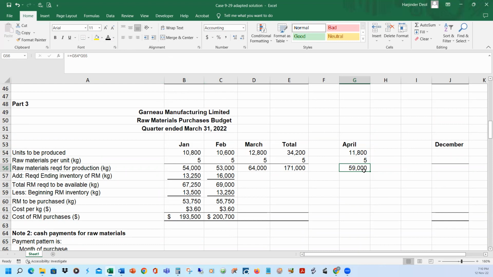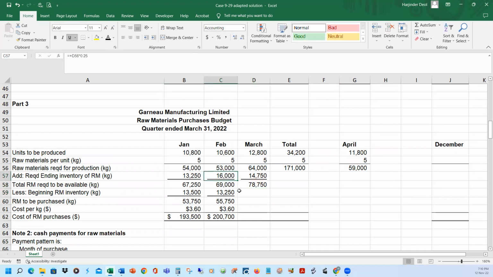Of this 59,000, we want to end the month of March with 25% of 59,000. That's 14,750 kilograms. So total quantity of raw materials required in March is 64,000 for production in March, plus 14,750, which is 25% of April's production requirements.